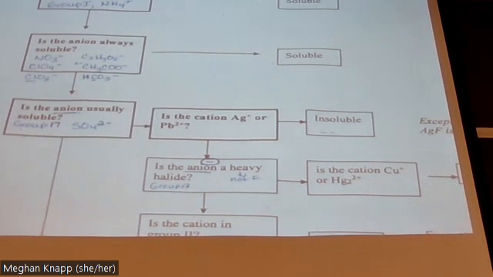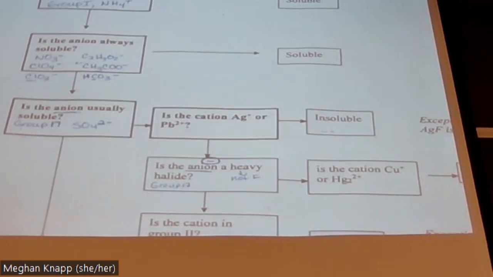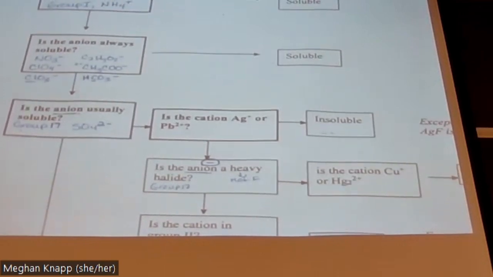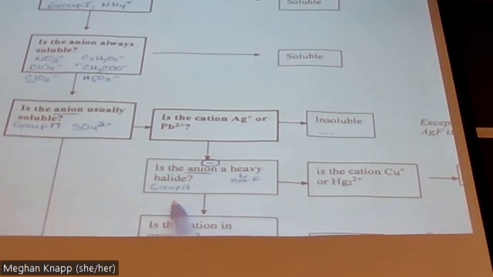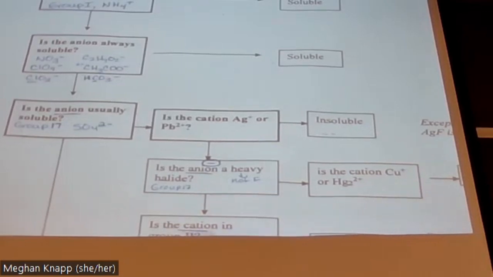So is it in group 17, but ignoring fluorine? If it is in group 17, then in addition to silver and lead being insoluble, so are copper and mercury. If it is not in group 17, or if it's fluorine, then I have to ask myself about the cation.